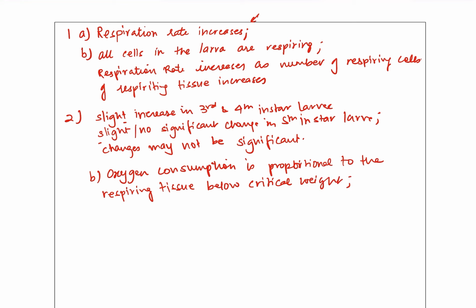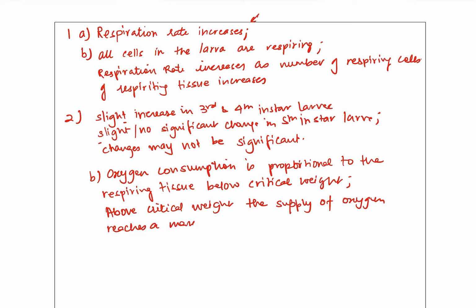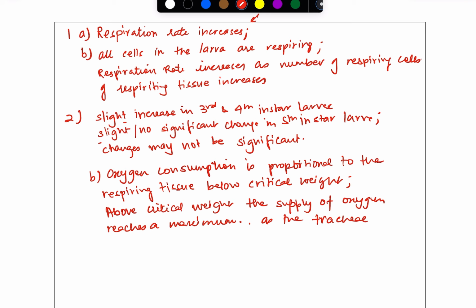In the case of above critical weight, the supply might reach a maximum, as the trachea reaches its maximum size and cannot grow further.